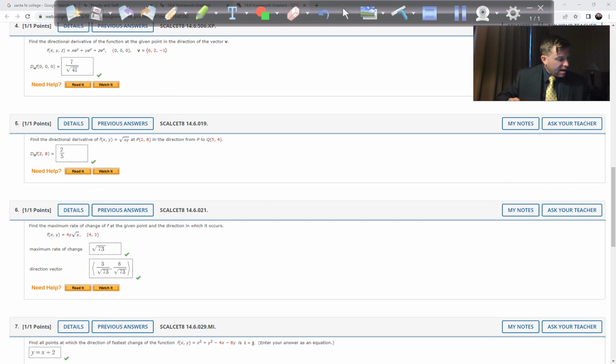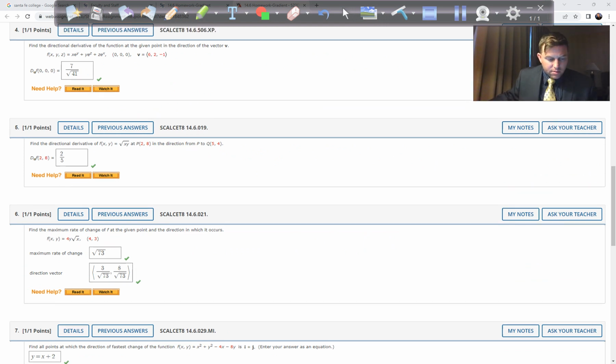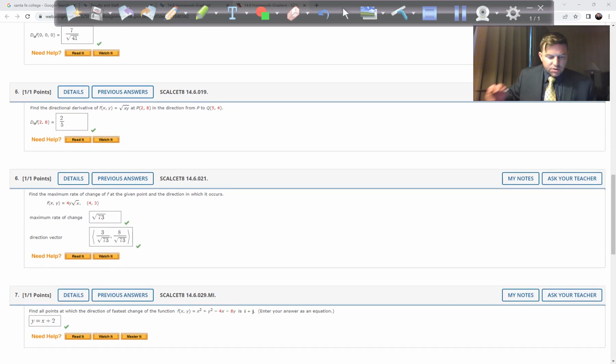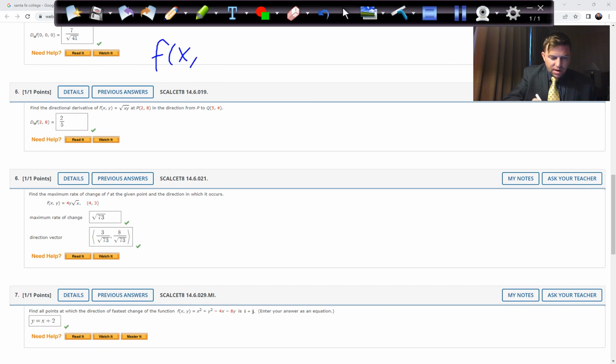Okay, problem 5 is going to be a very similar problem. We have to find a directional derivative again, and we're given the function f of x and y is the square root of xy, which I'm going to immediately change to xy raised to the 1/2 power.